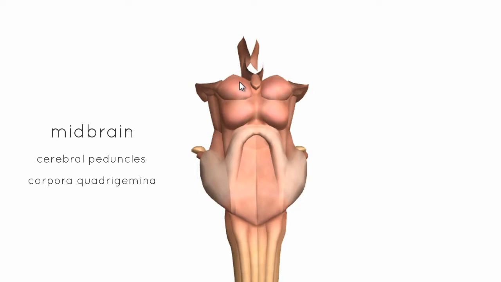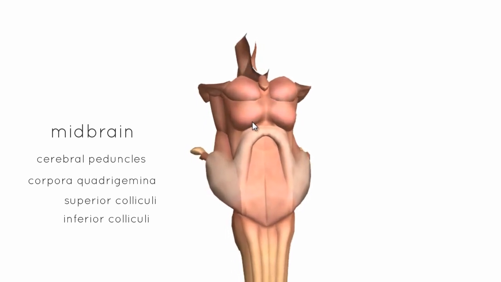This is Latin for quadruplet bodies, because obviously there's four little bumps. The top ones are called superior colliculi, and the bottom two are called inferior colliculi. And the word colliculi is Latin for lower hills, because of their appearance.